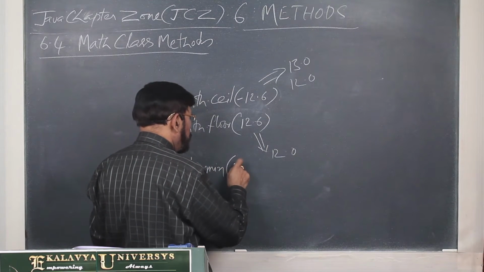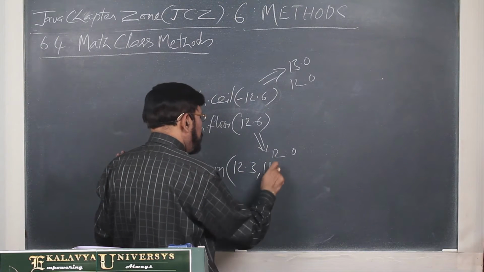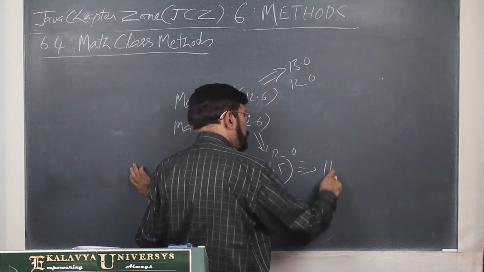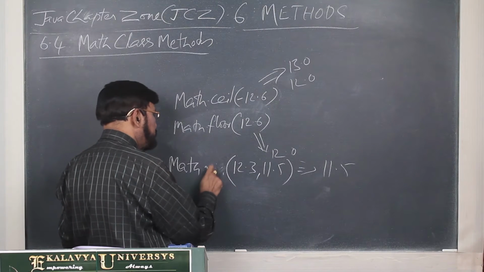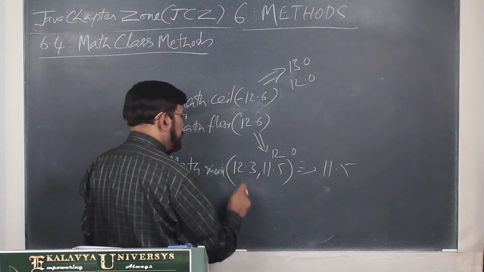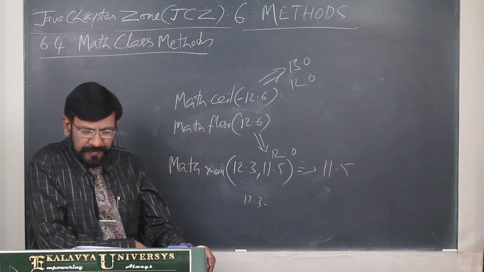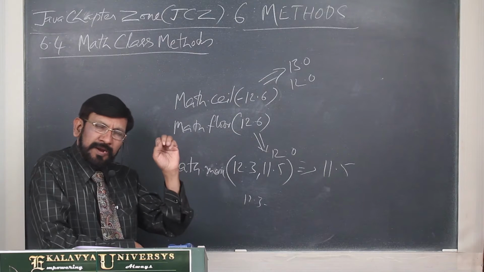You can give two values, 12.3 and 11.5. Then it returns 11.5. And if you make it max, then 12.3 is returned.